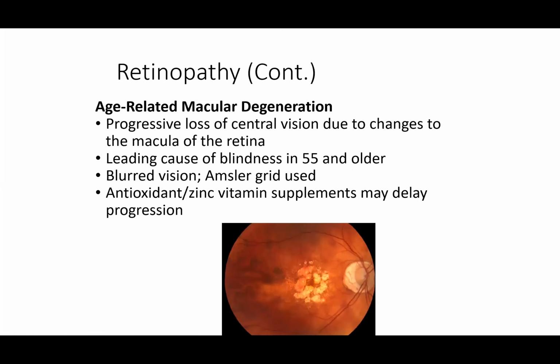Okay, macular degeneration. So this is a progressive loss of central vision, because the macula is a part of that acute vision, so the central vision. Okay, considered the leading cause of blindness in age 55 or older. So this one, of course, I'm a big fan of.